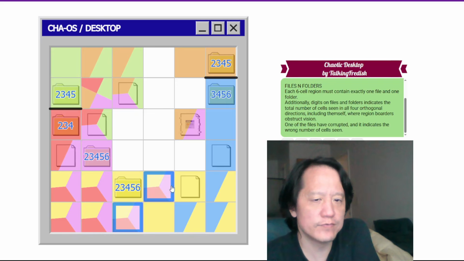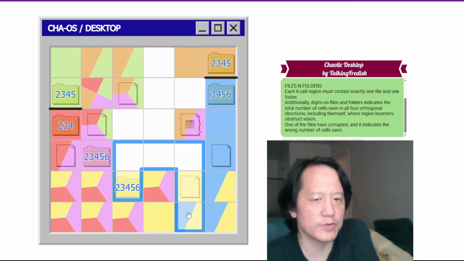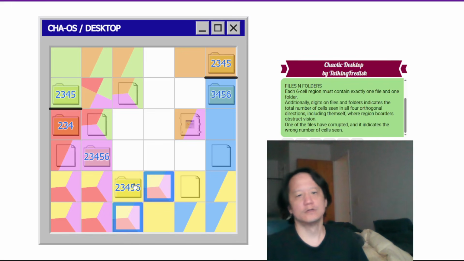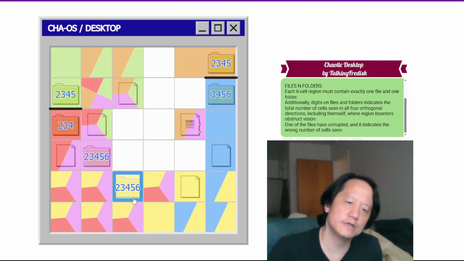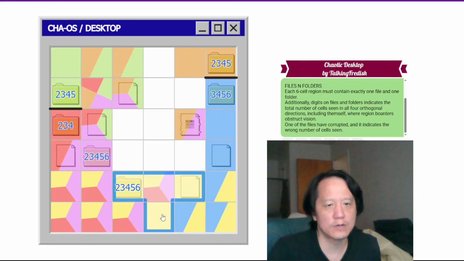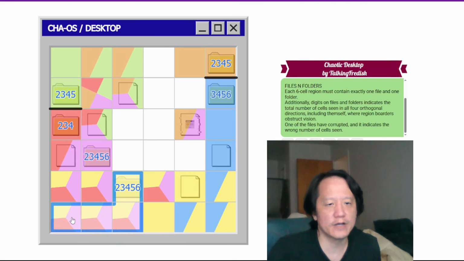Technically yes, one of these 2 is yellow. So we have 1, 2, 3, 4, 5. Or 1, 2, 3, 4. So we can never access this yellow here.